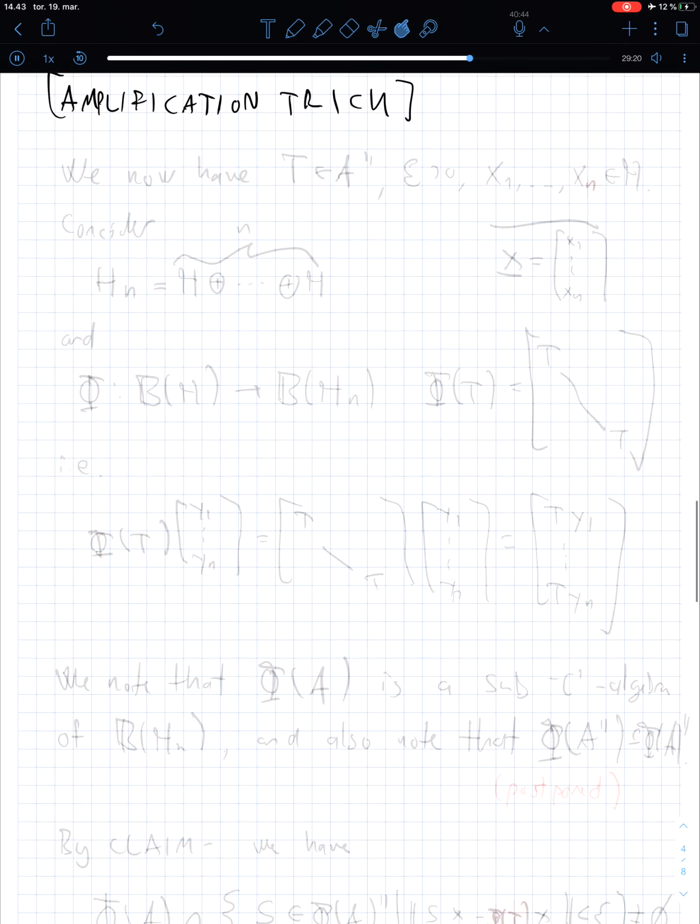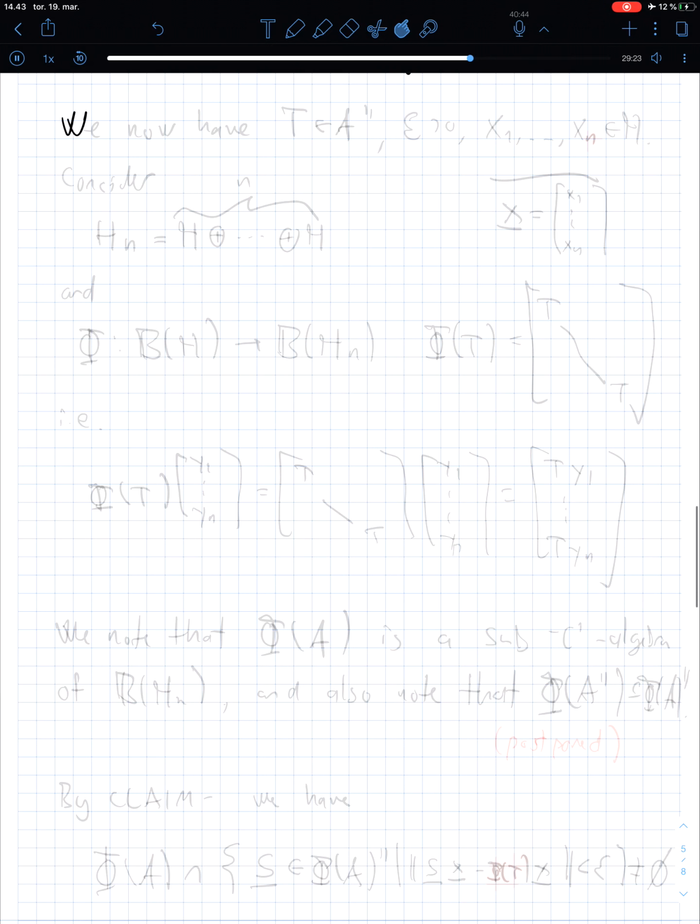So we now have T in A double prime, like in the claim. We have an epsilon bigger than 0, and we have an n tuple of elements in H. This n in the n tuple, let me use highlight, this n we will use to make a new Hilbert space.